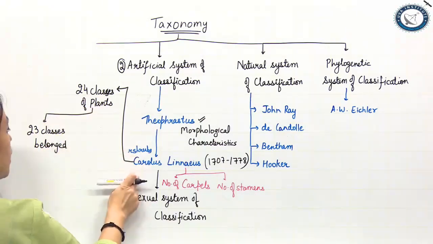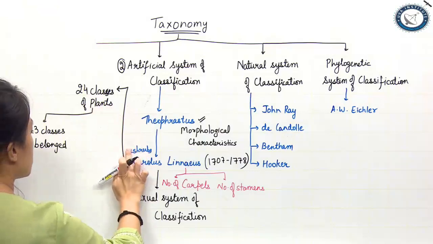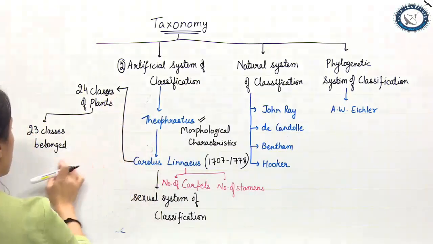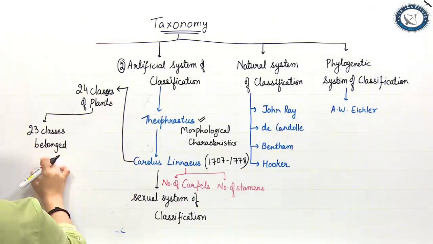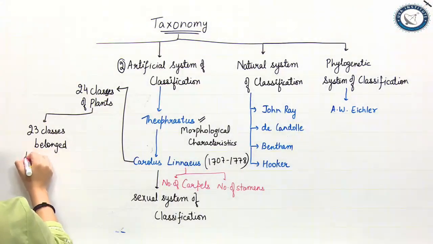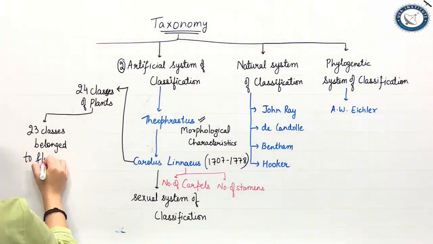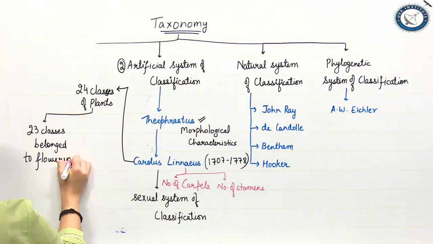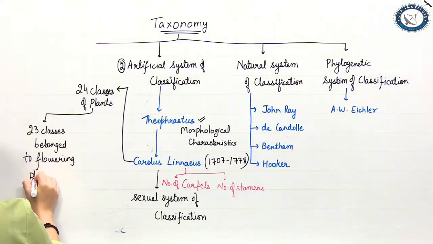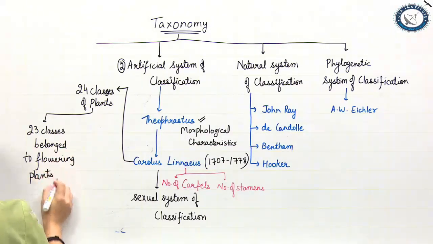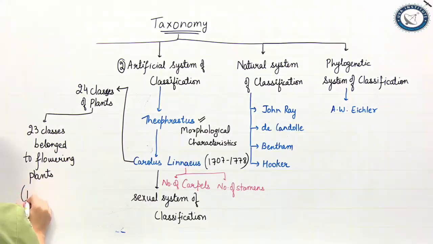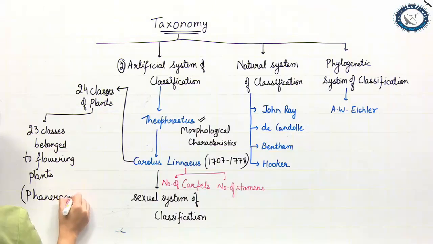Carolus Linnaeus studied 24 classes, and then he came to a conclusion that 23 classes belonged to flowering plants, which we now know as Phanerogamia.